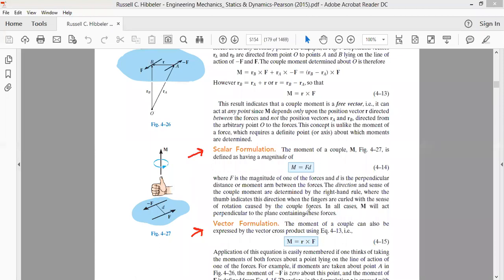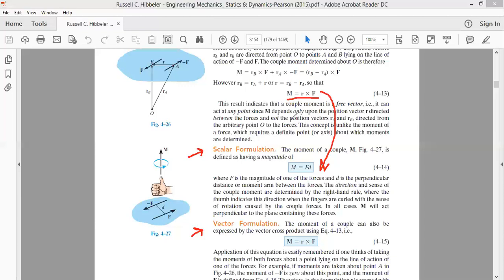You use this formula in the coming questions, and automatically you should be able to derive these formulations yourself. Anyway, as we'll be doing this in the coming questions, I still need to tell you about this scalar formulation.